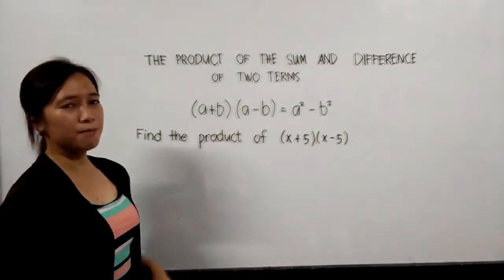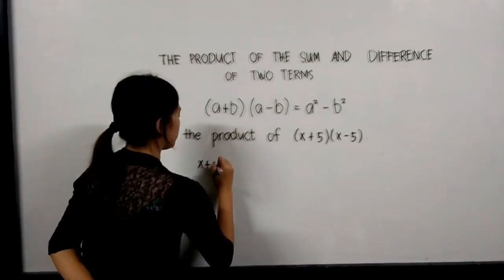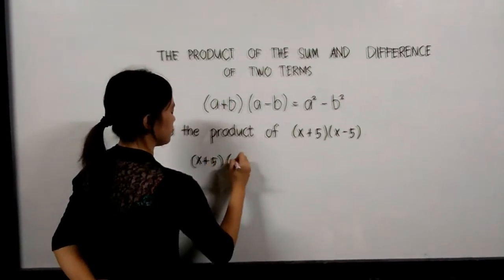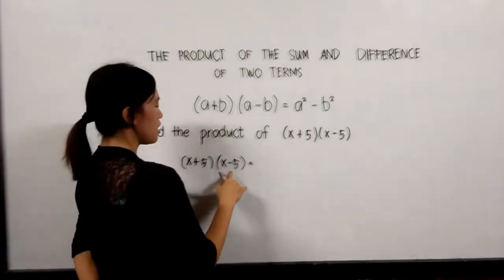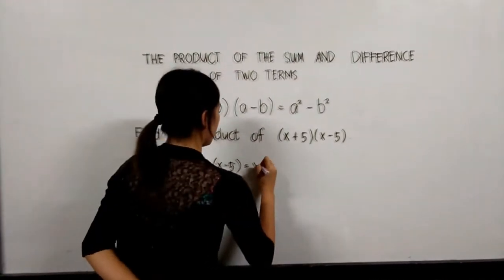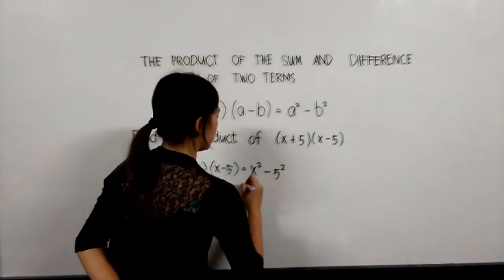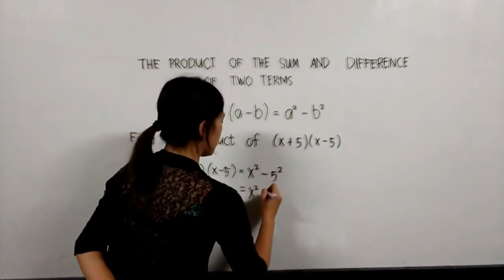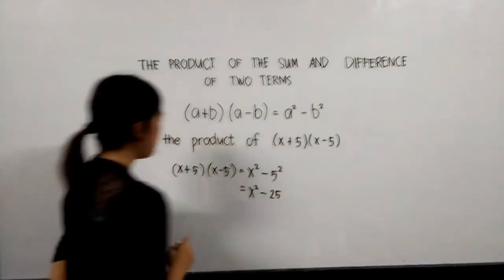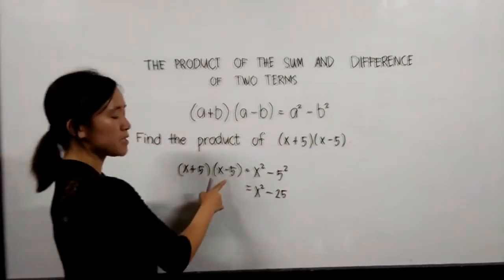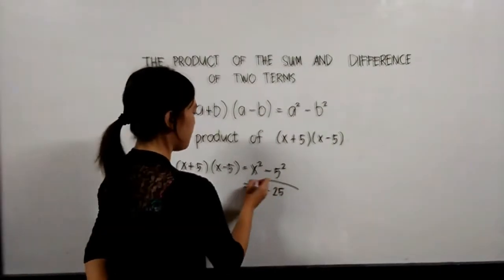Applying the general formula above, we have the squares of their two terms: x squared - 5 squared. 5 squared is 25. So the product of (x + 5)(x - 5) is x squared - 25.